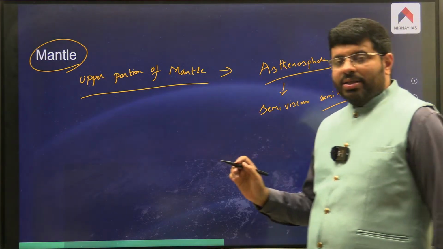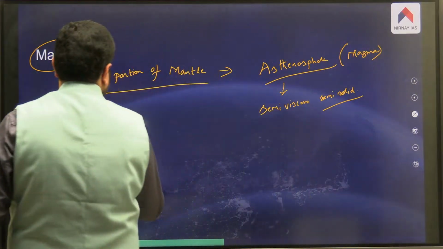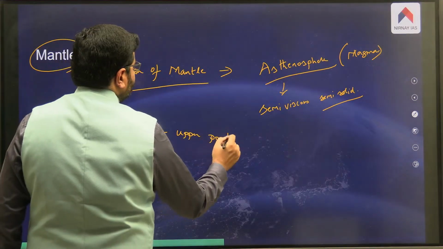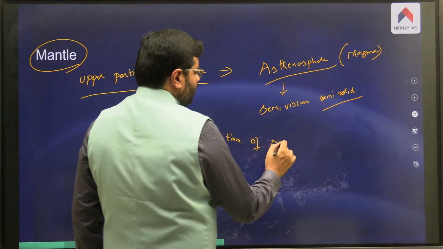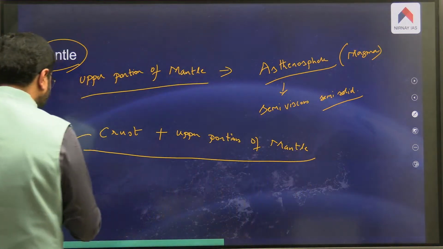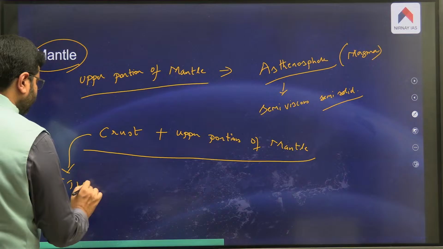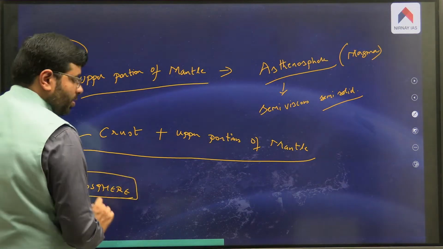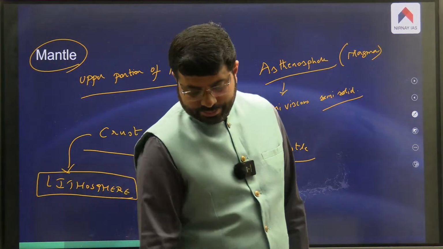Until here, I can consider it as crust plus upper portion of the mantle. That is what we call the lithosphere. Lithosphere, rock sphere.